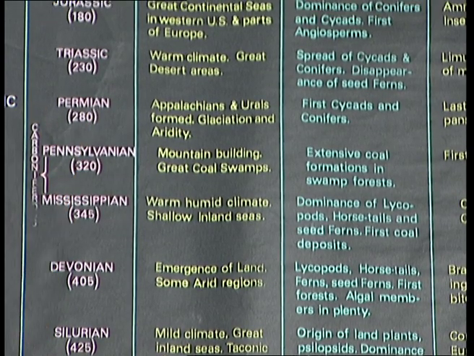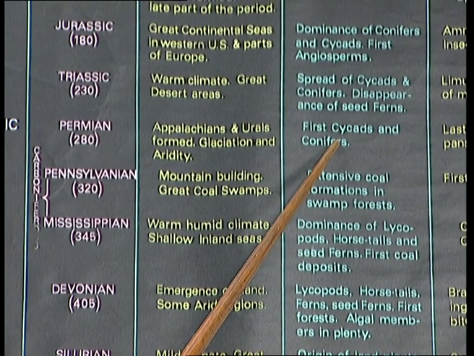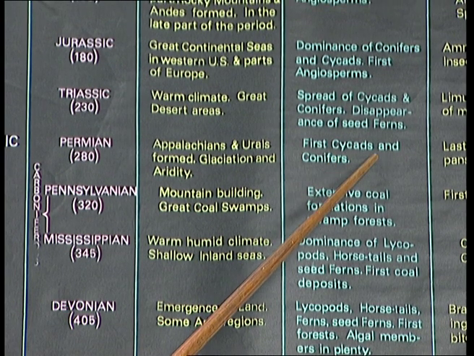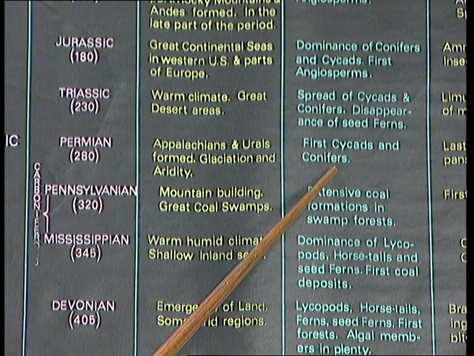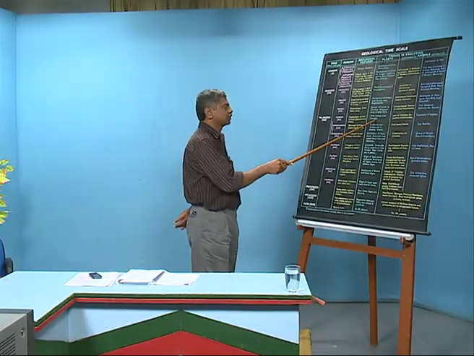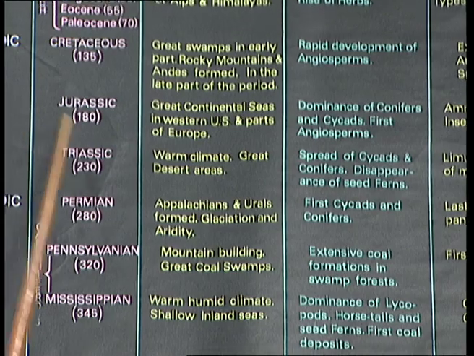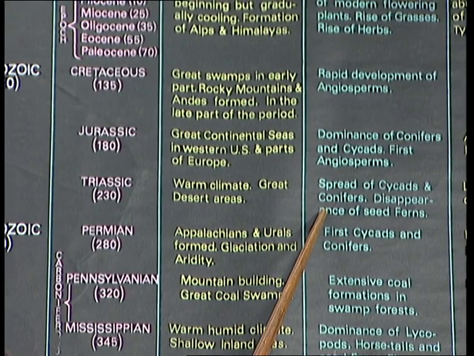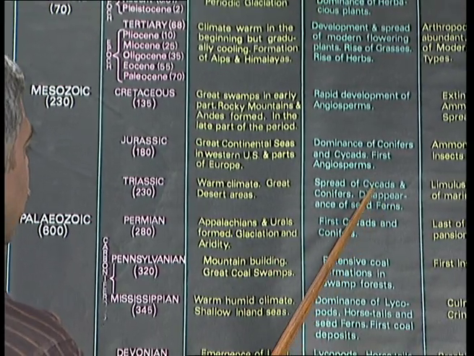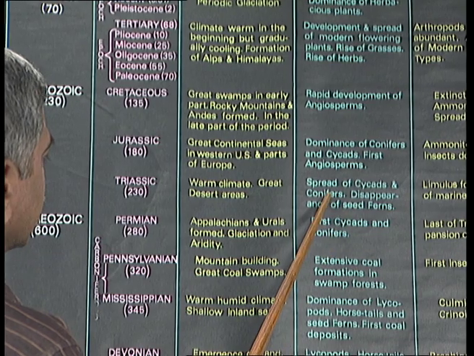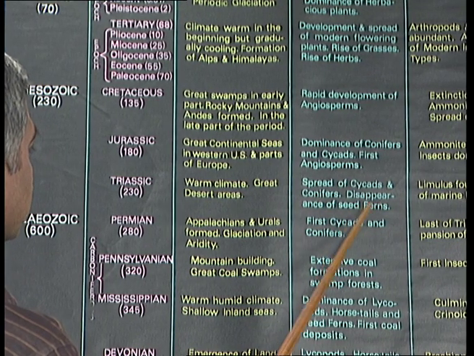Then at the end of the Paleozoic era, during the Permian period, the first cycads and conifers survived, and they have fossil resemblances also. During the Mesozoic, in the Triassic period, cycads spread the most, and conifers too, with the disappearance of seed ferns.